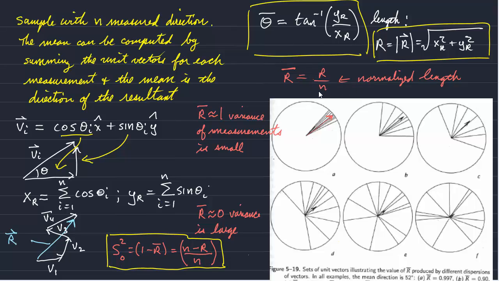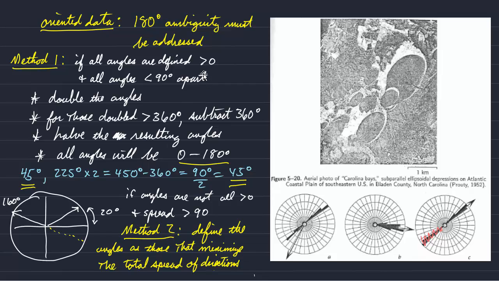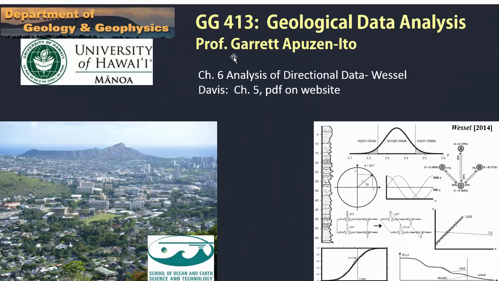And we also showed how the normalized resultant vector can be used to describe the variance, the circular variance. And last, we talked about how to address the 180-degree ambiguity associated with oriented data. So I'm going to conclude this first video here and continue in the next video.